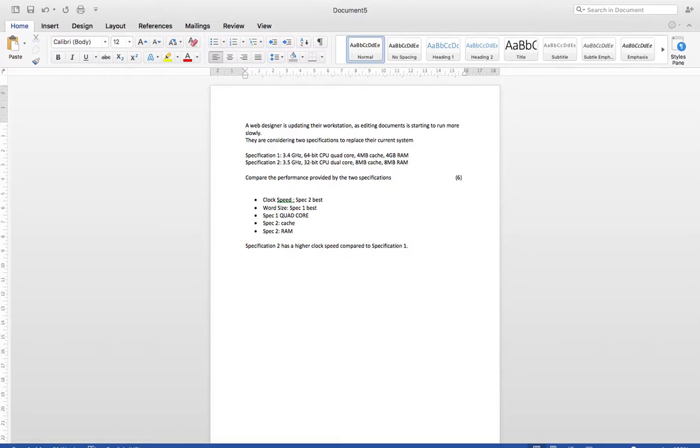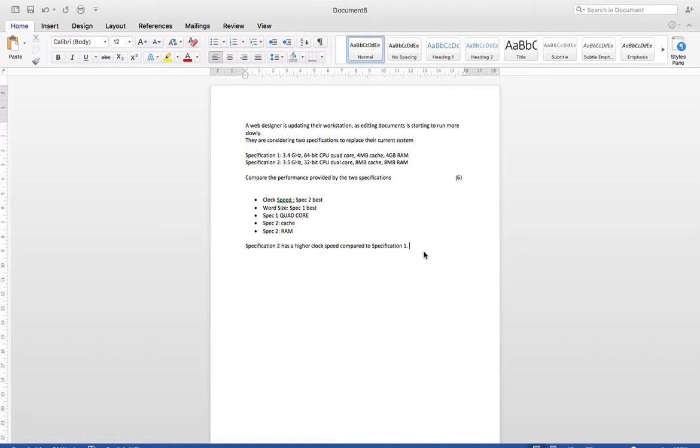Now this is the first point that a lot of people stop at, where they don't go into more depth, which if it was a 2-mark question, we'd only be picking up 1. So we need to elaborate on this. Always state your point on these and then elaborate on each of them.